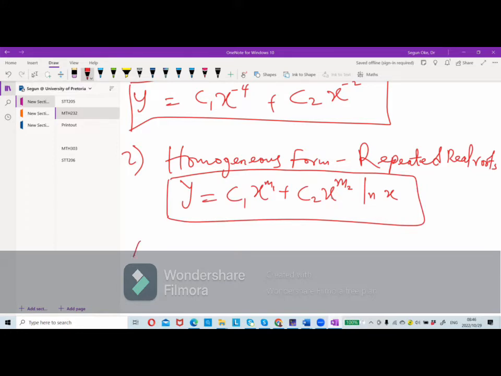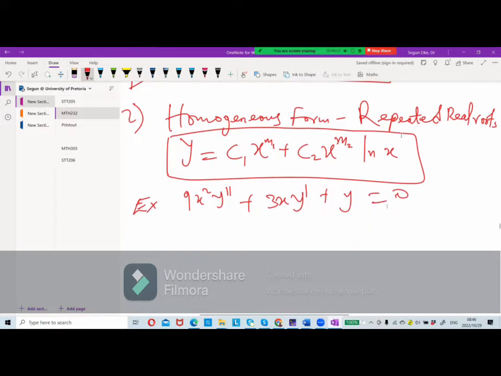But let's look at the example there. Example: 9x squared y prime prime plus 3x y prime plus y equals 0. In this case, we go back to our formula that we declared, am squared plus bm plus c equals 0.